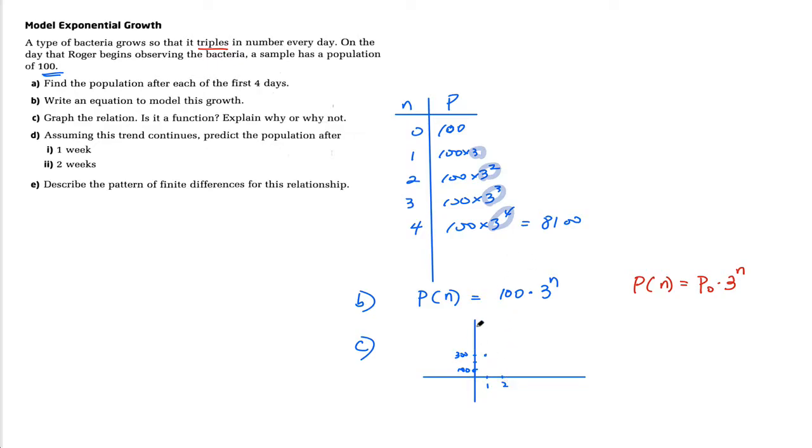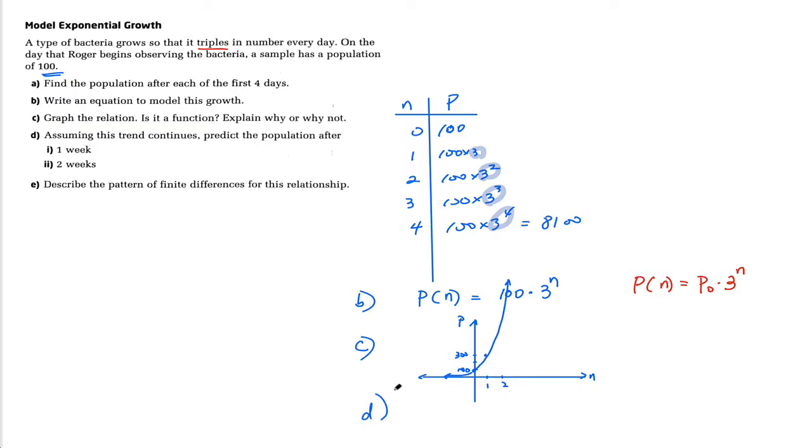So 1, 2, it's going to be way up here somewhere. So the graph goes up like this. If you extend it in the negative values, it's going to approach the x-axis, or n-axis to be more precise. That's our graph. You can see that's a function because it passes the vertical line test.